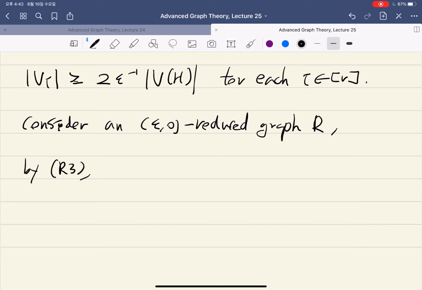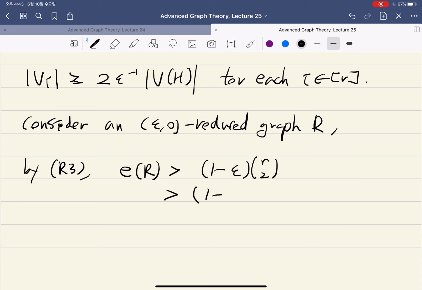By R3, we know that the number of edges in R is at least 1 minus epsilon times, let's say, epsilon times R choose 2.